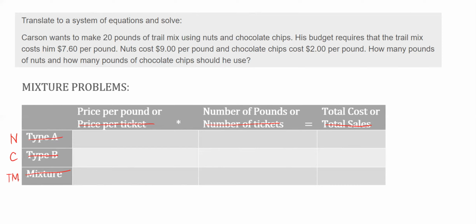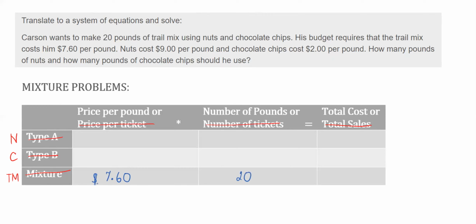And now we can enter the details. He wants to make 20 pounds of trail mix. Total number of pounds is 20, okay? The trail mix. And he wants the price per pound of his trail mix to be $7.60.